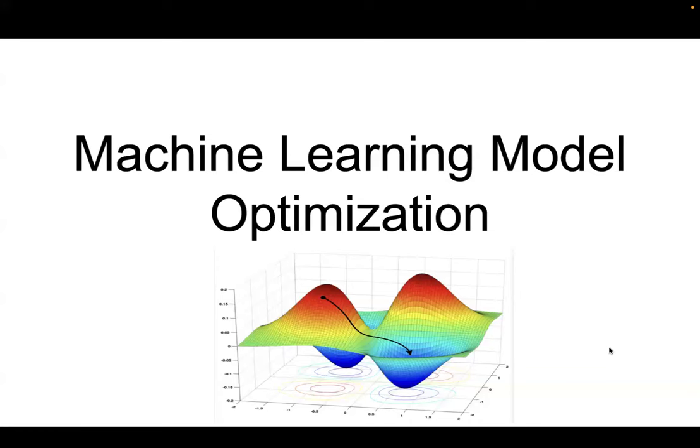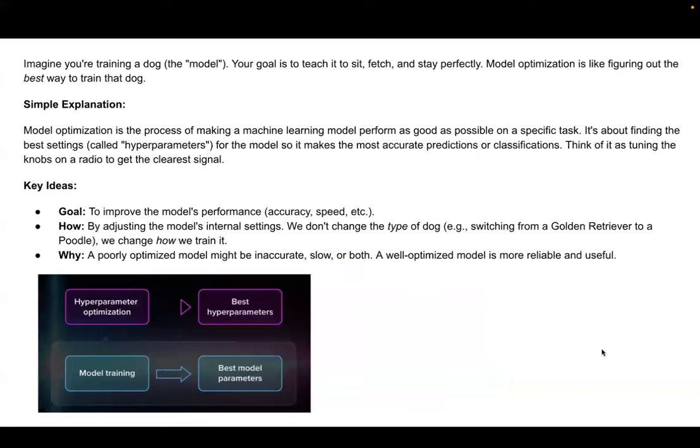All right. So imagine you're training a dog. In this case, the dog is your model. Your goal is to teach it to sit, fetch, stay, basically teach the dog different tricks or teach the model different tasks. Model optimization is to figure out the best way to do it.